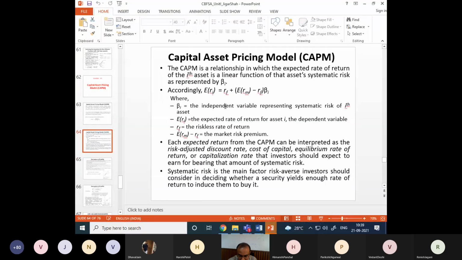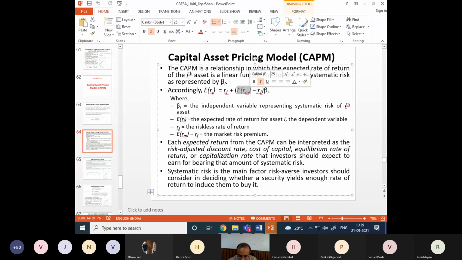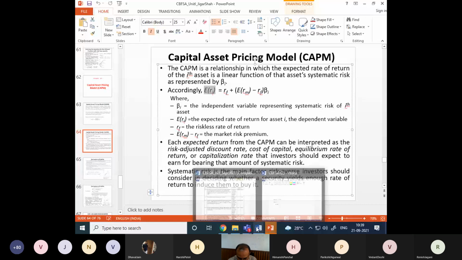So this is the CAPM equation for expected return. Now I have RF available, E of Rm available. This RF is given, beta is given. So what can I calculate? The expected return now. Are you getting it?